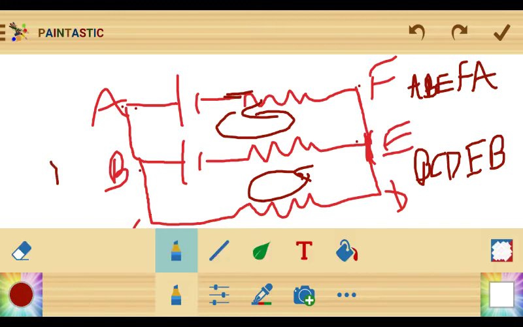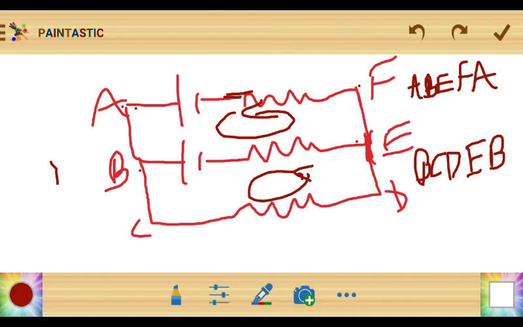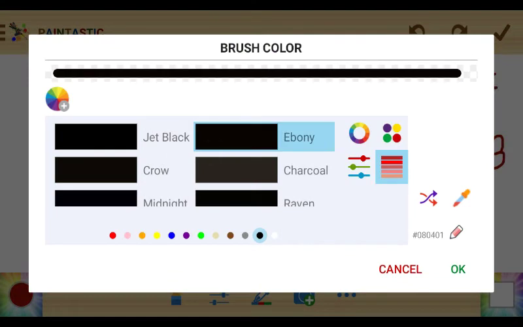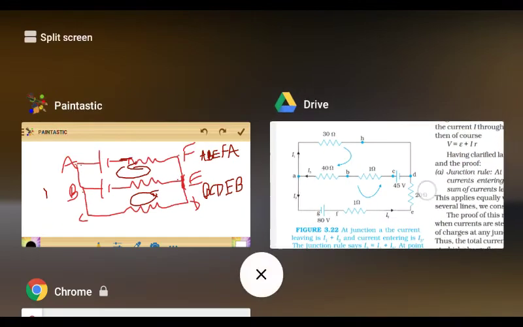So how to solve it? Okay, how to do it? Now if we look at this upper loop, the loop ABEFA, as it was in the statement, what was the statement?